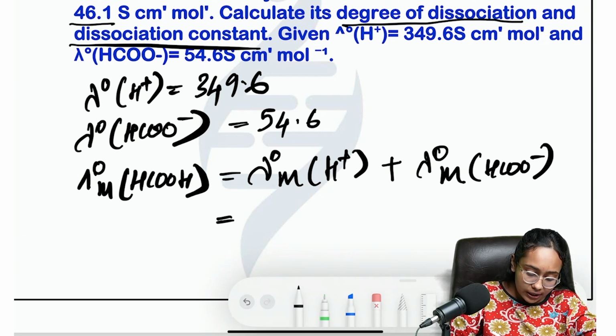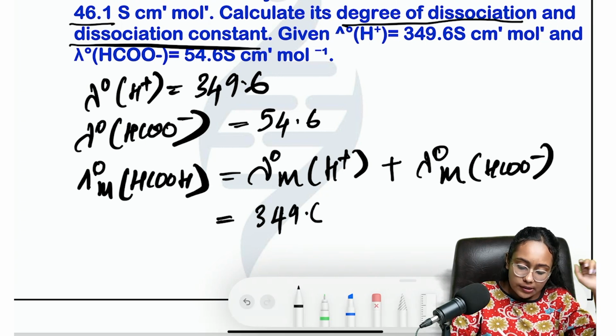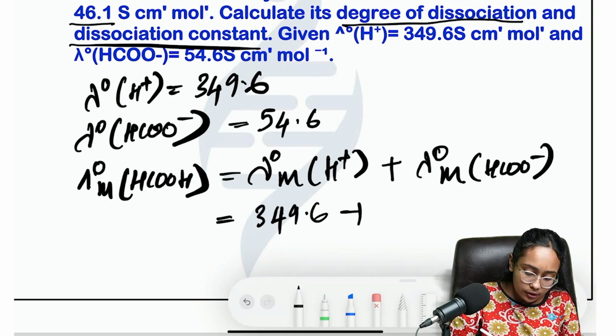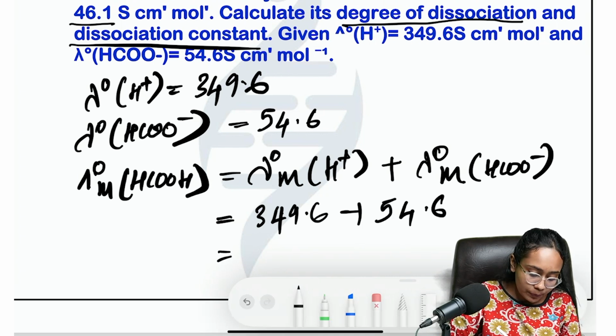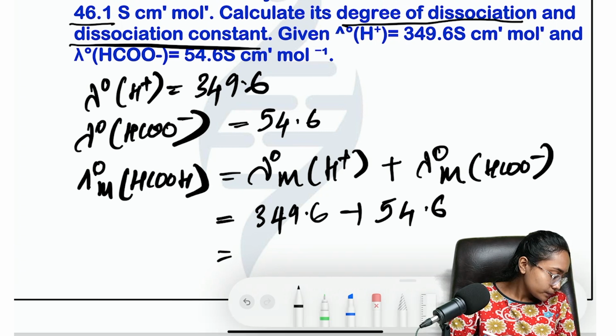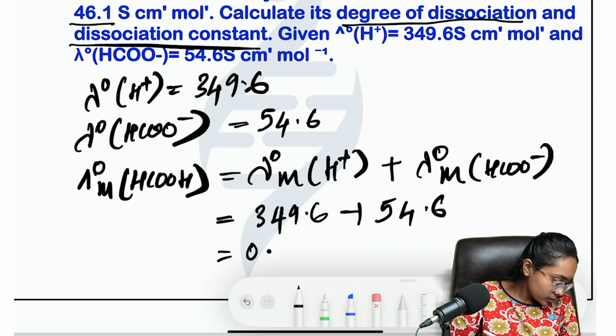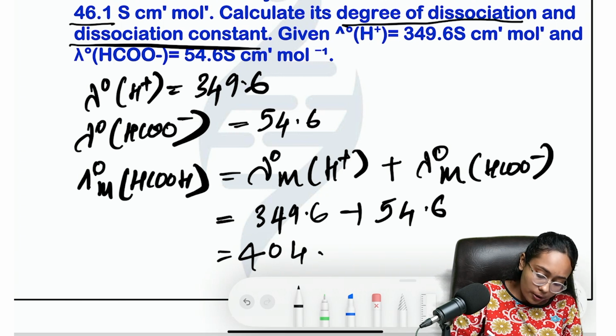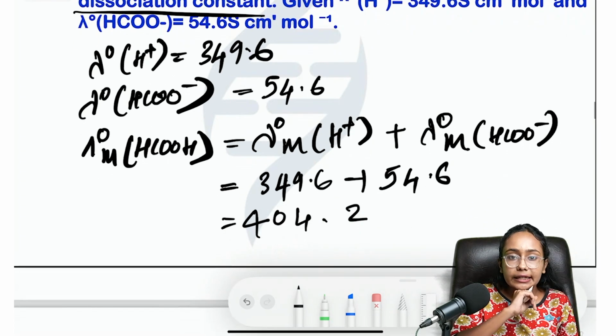Now, the H plus limiting molar conductivity value is 349.6, and for the HCOO minus it is 54.6. The total value is 404.2. This is the limiting molar conductivity value.